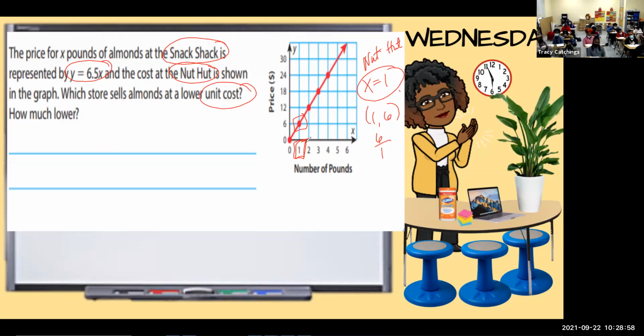So then they asked which store sells nuts at a lower unit cost. The Nut Hut is 50 cents less.